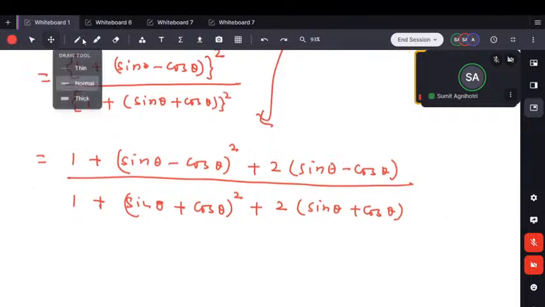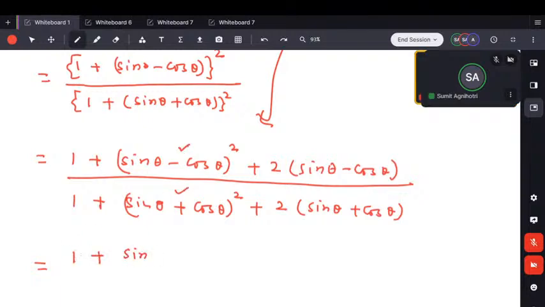Now again we need to apply expansion, same expansion for this and this. Let's apply that. 1 plus x square plus y square and minus 2xy, and this is here 2 sin theta minus cos theta.